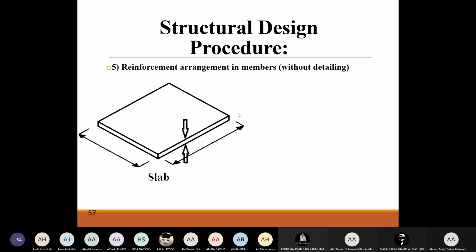Slab bends in how many directions? Two directions or one direction normally. We said, if you remember, if it's a one-way slab, it has one major bending and one minor bending. If it's a two-way slab, it has 2 major bendings.